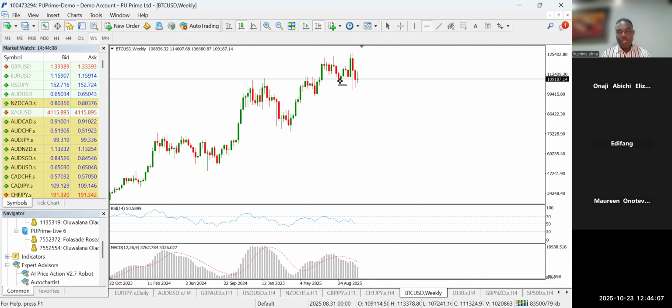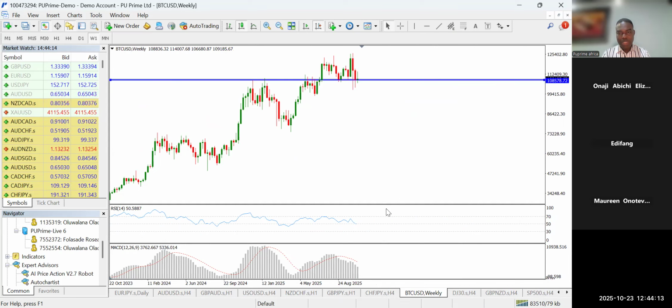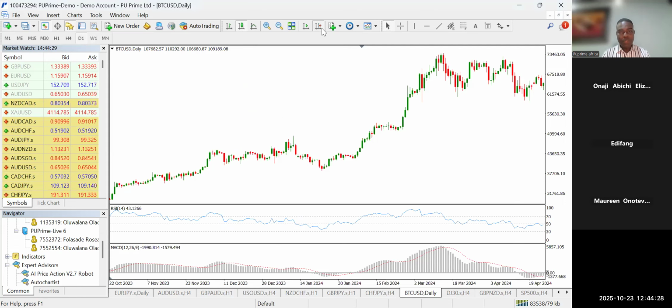All right, so starting from the weekly time frame, price is trading around a key level where the market has reacted multiple times. Here it was a resistance. All through this range, it was a resistance, a support, and price is back to that level now as a support. So let's check the daily.